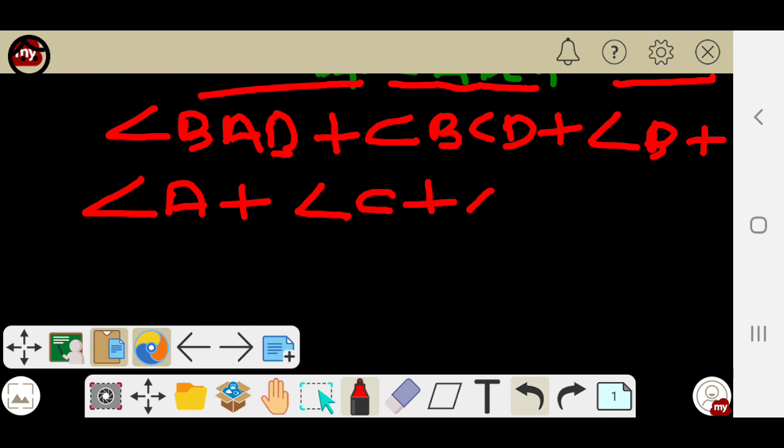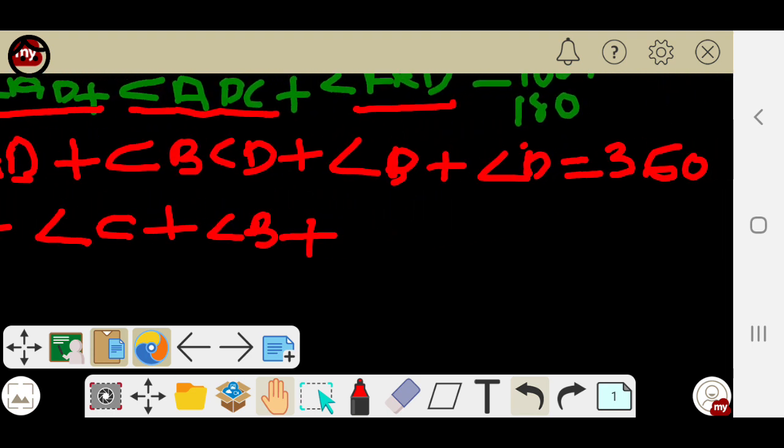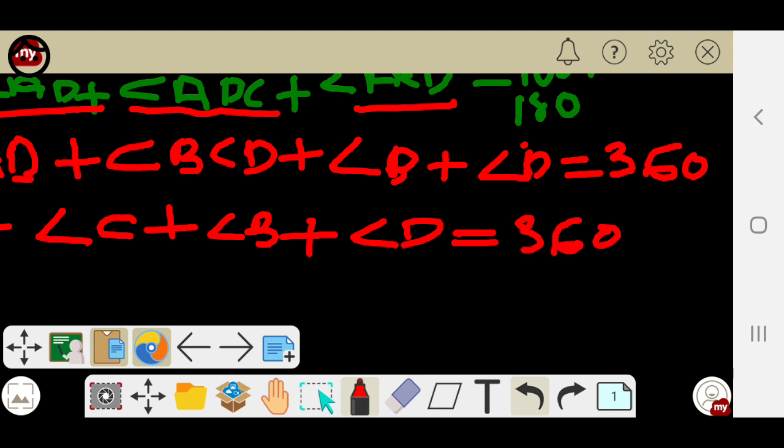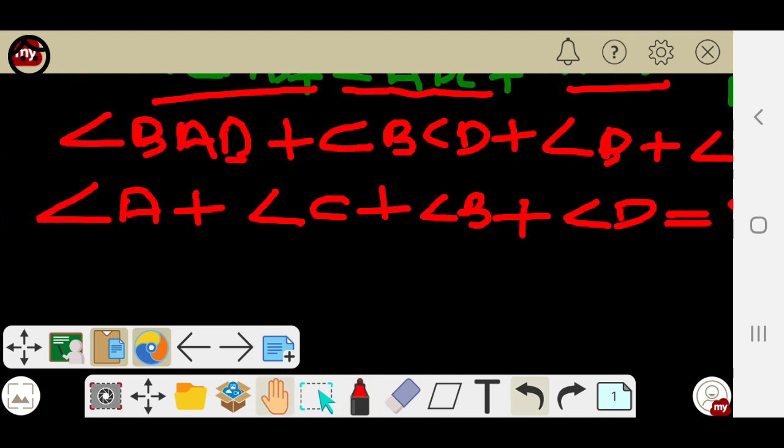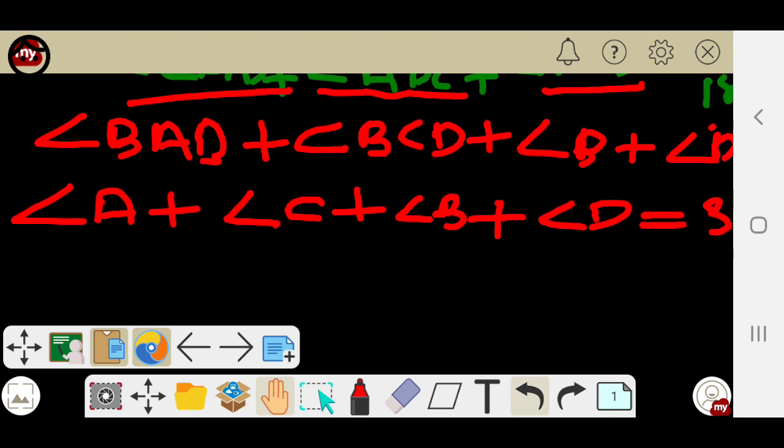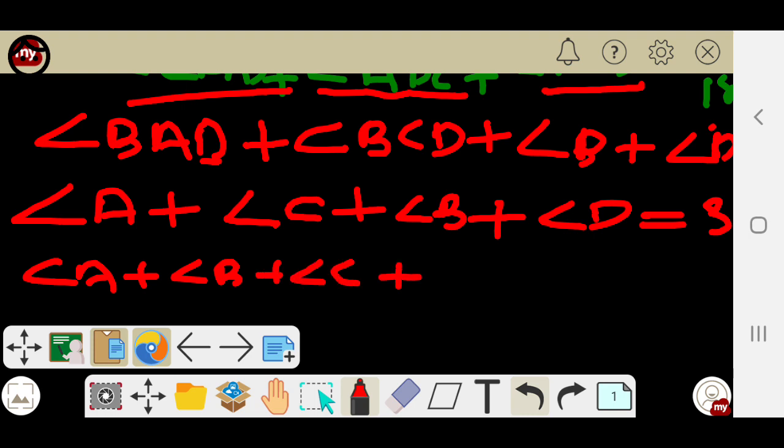Next, angle B is already there. Angle B plus angle D equal to 360. That is what we can tell here. Angle A plus angle C plus angle B plus angle D equal to 360. For our convenience, we can write angle A plus angle B plus angle C plus angle D equal to 360.